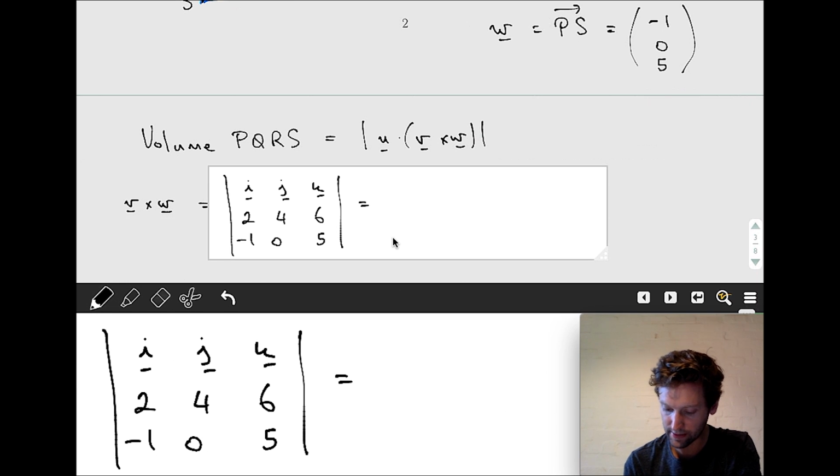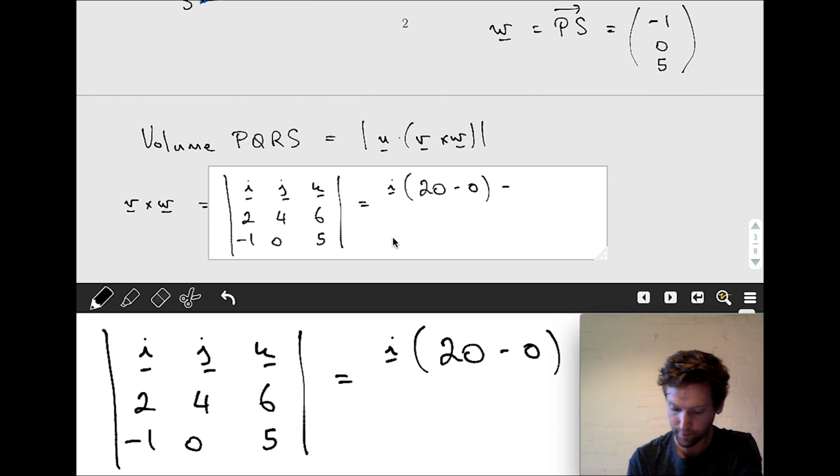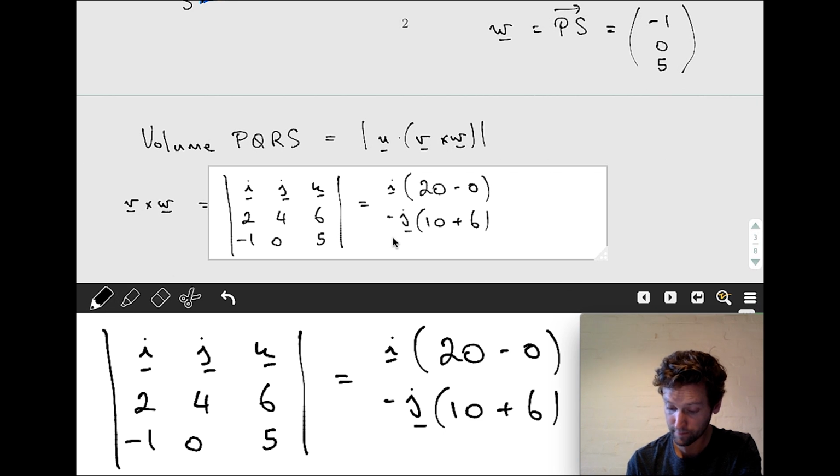So calculating this a little bit more quickly than we did before, we've got i times 4 times 5 minus 0 times 6, minus j times 2 times 5 minus 6, plus k vector times 0 minus 4.